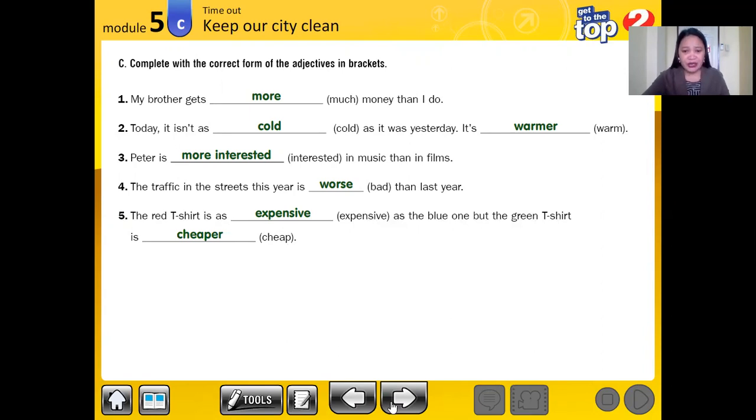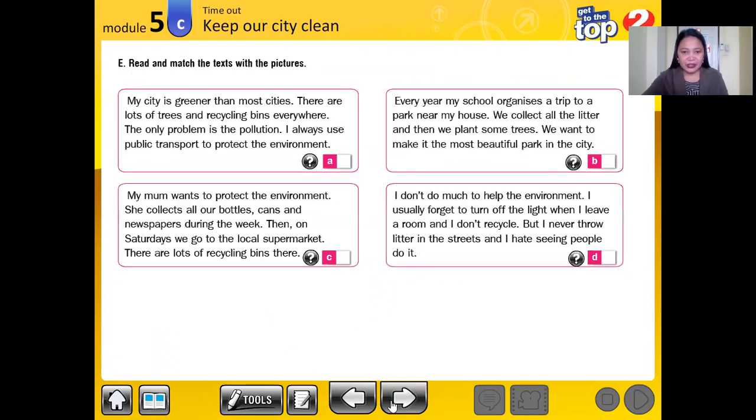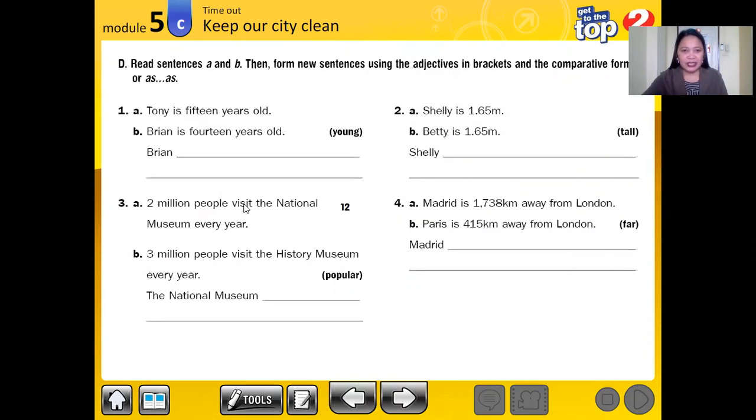So what are you going to do? Continue answering your workbook exercises. You are going to answer letter D and letter E in your workbook page 51.